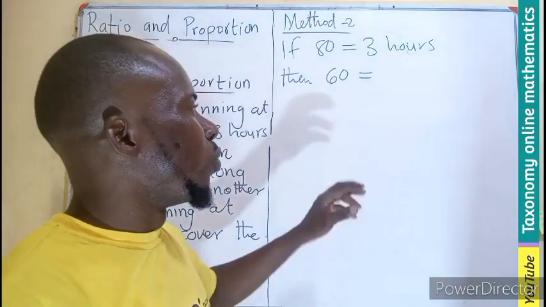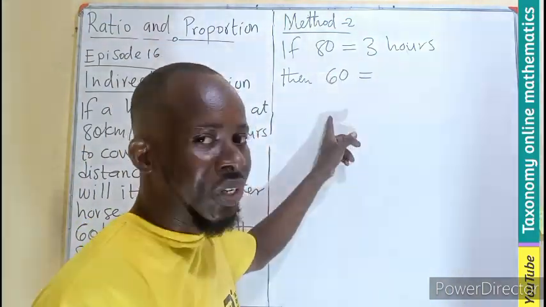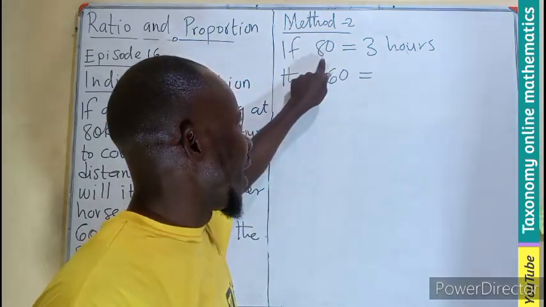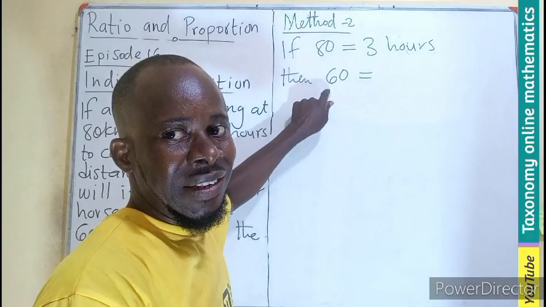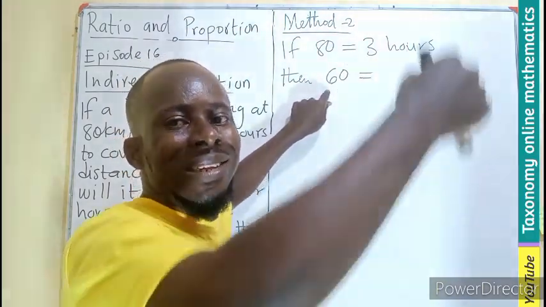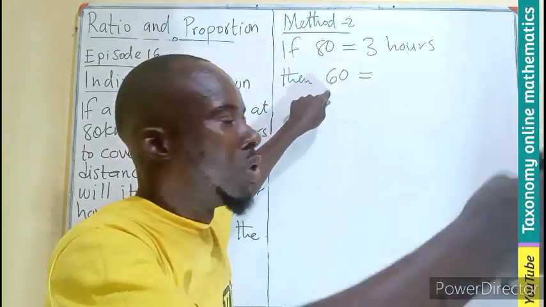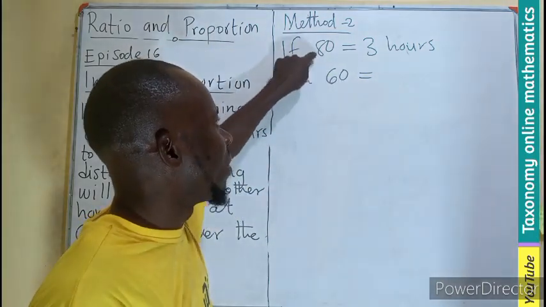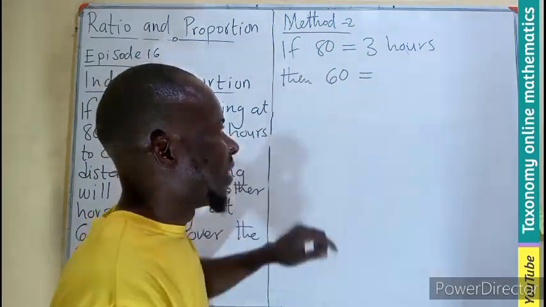To answer this question, whether it will be more determines your division. So if 80 requires 3 hours, will 60 require more than 3 or less? You saying that it will be more simply means that we divide by the lesser kilometers per hour. So if more, less divide.